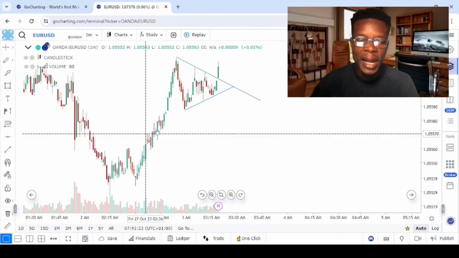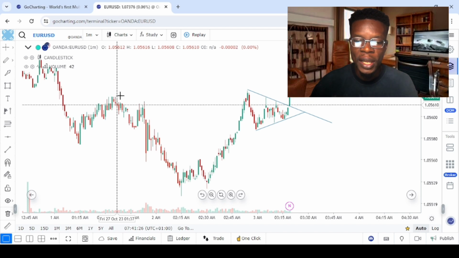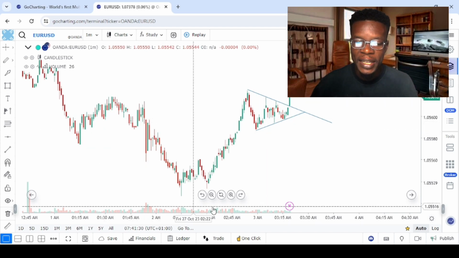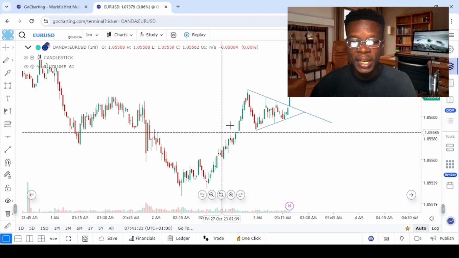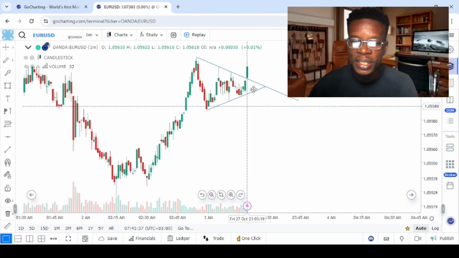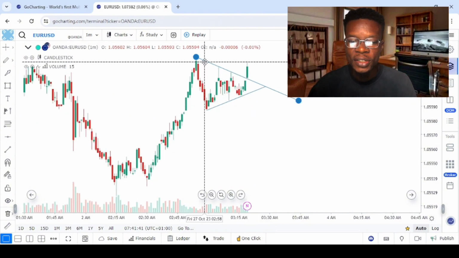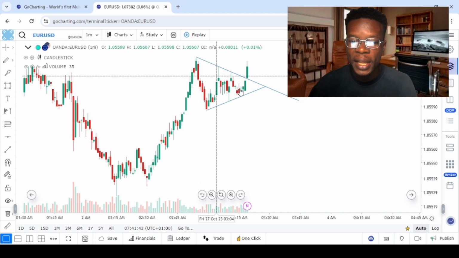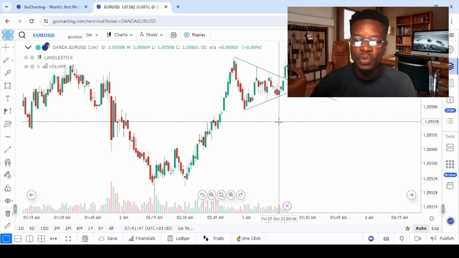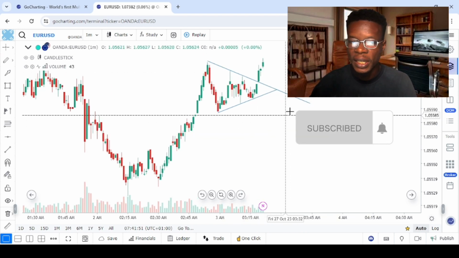But since this lower high swing has been broken, like I showed you earlier, it is a sign that the price has left the zones of the sellers, and it may continue to go in the upward direction. Now you see that the price has broken this horizontal resistance trend line very, very strongly, and this is a sign that the price will continue to rise in favor of the buyers.